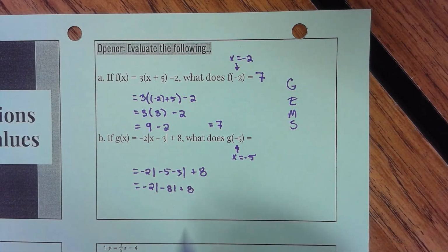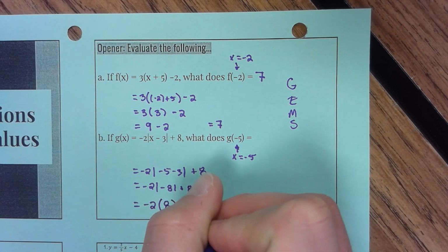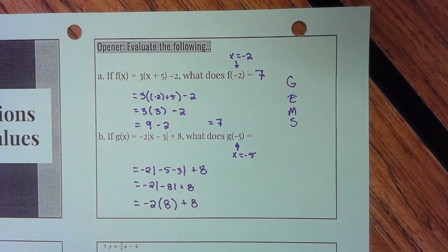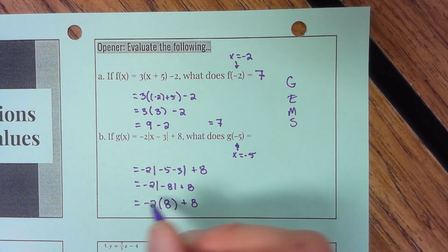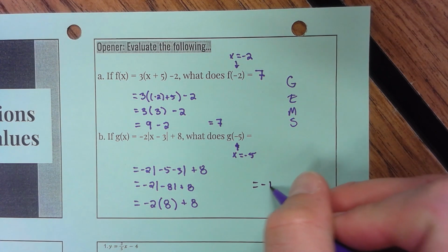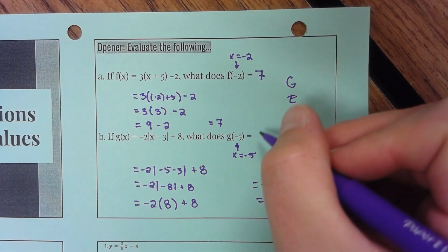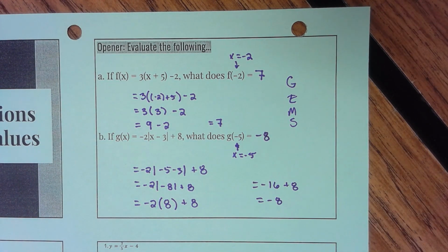And taking the absolute value means to make it positive. So this is negative 2 times positive 8 and then plus 8. So I've dealt with the grouping symbols. Once again, there aren't any exponents. So now I'm on to multiplication. The number outside of parentheses is implying multiplication. So negative 2 times 8 is negative 16. And negative 16 plus 8 is negative 8. So g of negative 5 is equal to negative 8. Or when the input is negative 5, the output is negative 8.